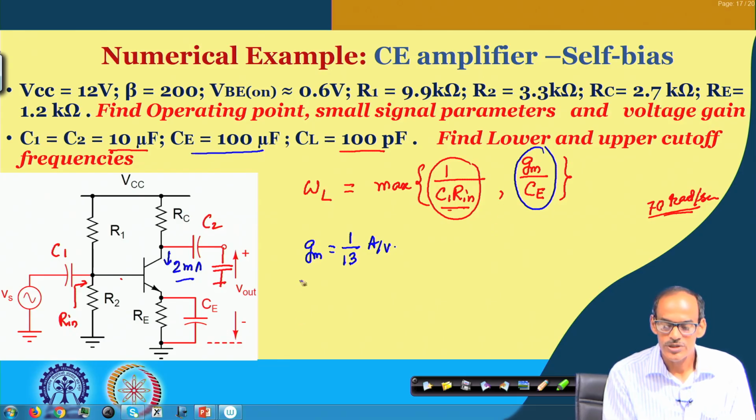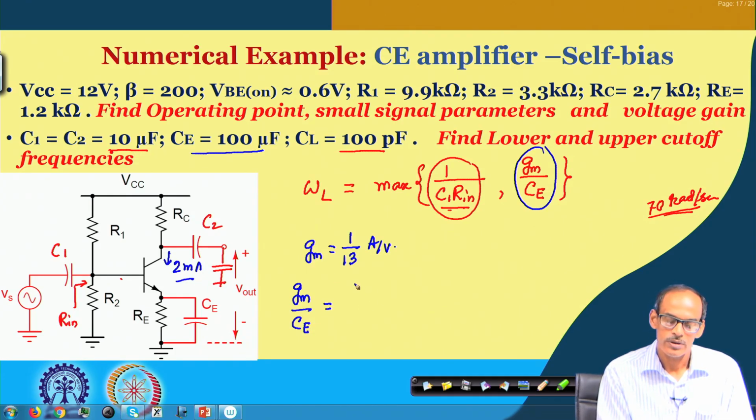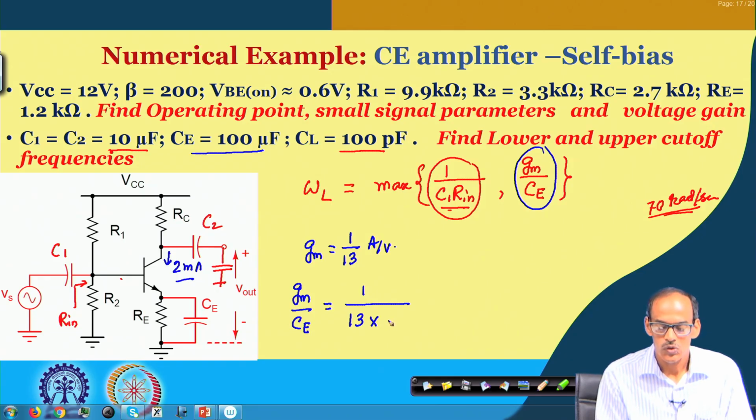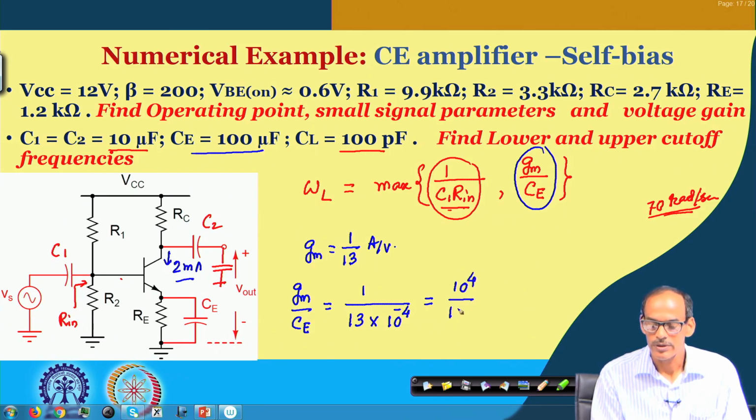So gm divided by CE becomes 1 by 13 into CE, which is 100 microfarad, so that is 10 power minus 4, and this is rather 10 power 4 divided by 13.